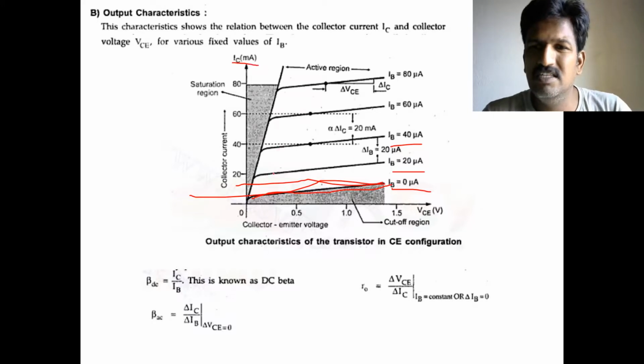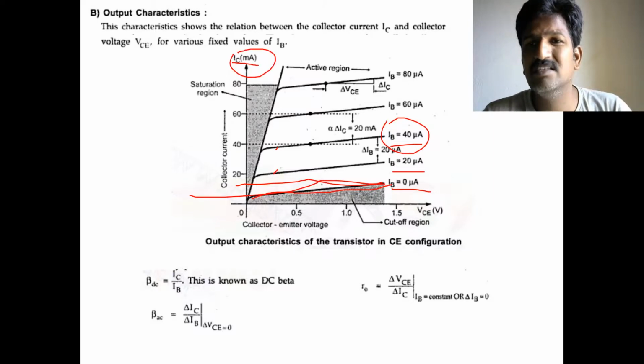When you are increasing this IB, the collector current also increases. But the change of current at the base terminal is in microamps, while the change of current at the collector is in milliamps.